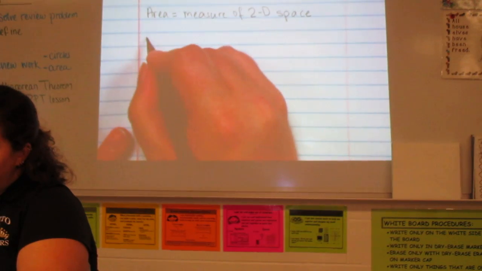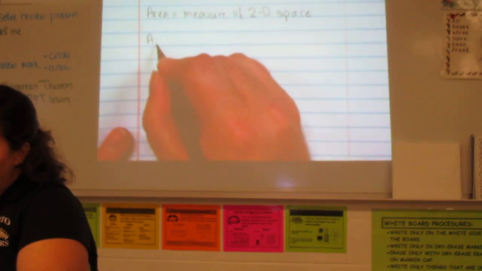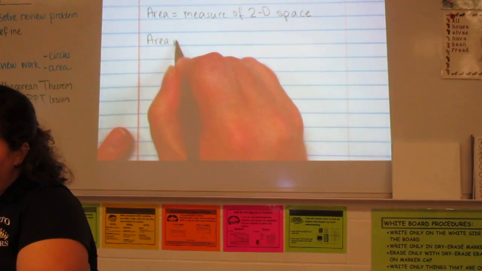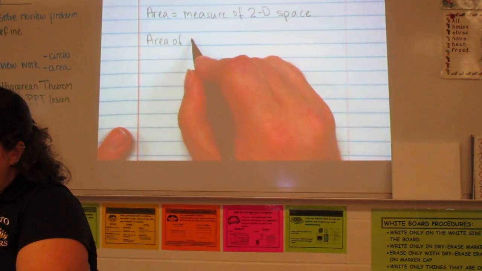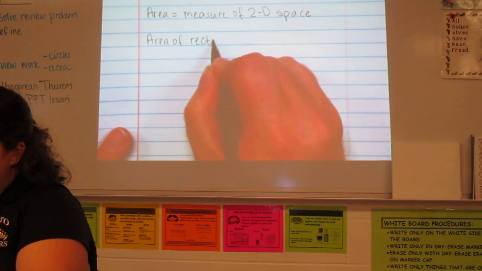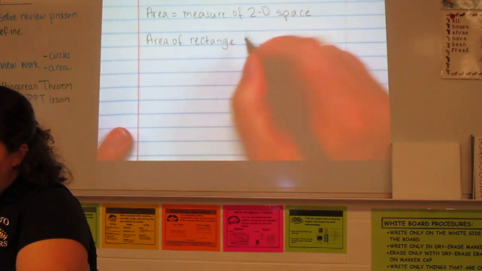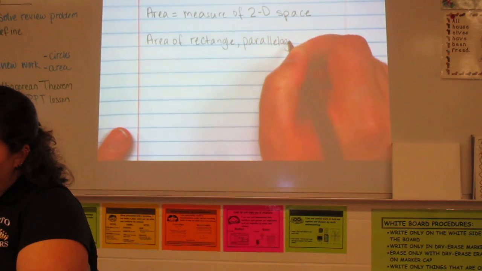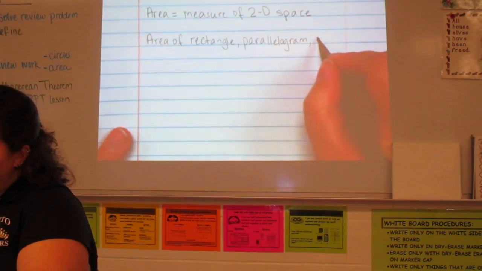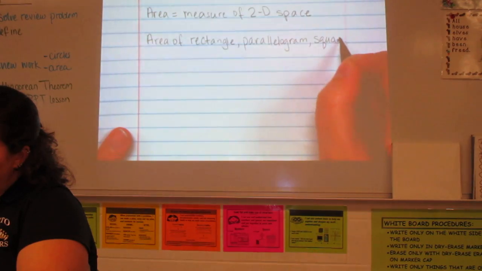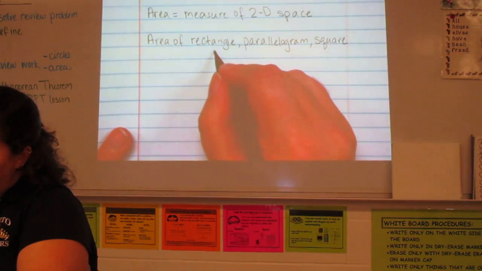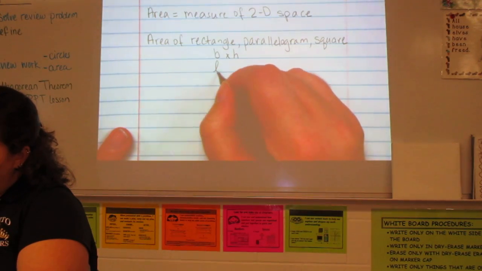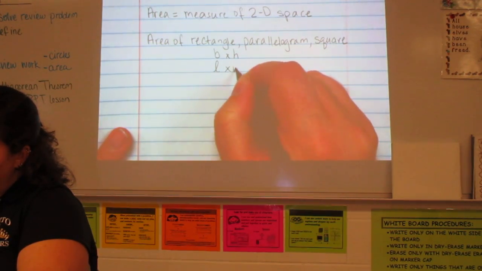The area formulas you're going to need: the area of a rectangle, parallelogram, or square is base times height, or you can also write that as length times width.